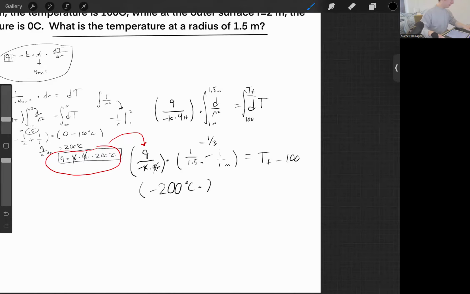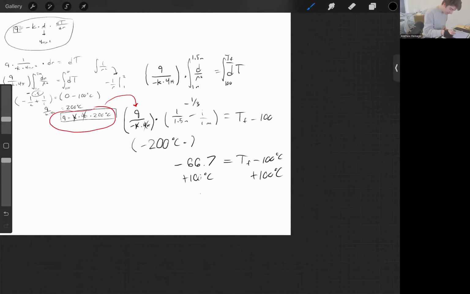Now we're going to multiply this by 200, which equals negative 66.7. Now we're going to set this equal to temperature final minus 100 degrees Celsius. And now we're just going to add 100 degrees Celsius on both sides. Calculate this, and temperature final equals 33.3 degrees Celsius.